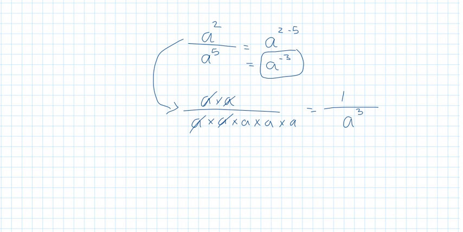What do you notice between these two? What's the similarity? What's the difference? What do you notice has happened? So one is more simplified, but one has a positive exponent and one has a negative exponent. You guys see that? They both have the same base, which is a, right? This a has a negative 3.